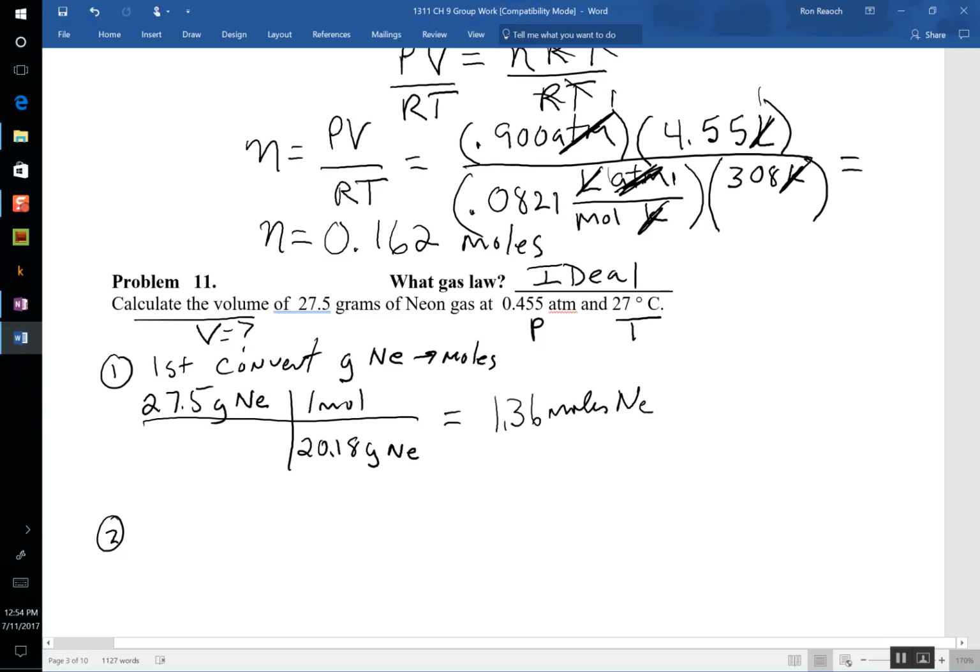So now we have PV equals nRT, and we want to solve for V. So volume is going to equal nRT over P, and we just calculated n.